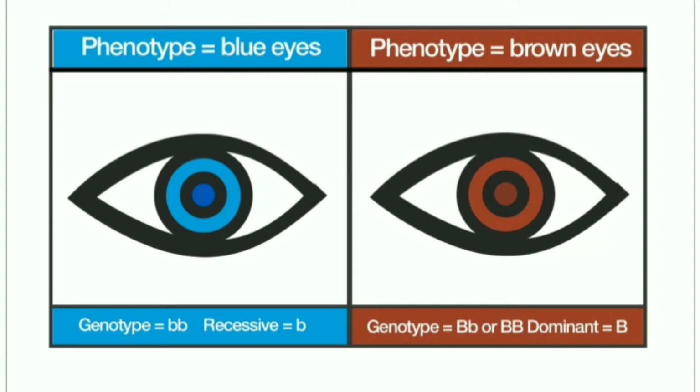So let's take an example and make it more clear to you. Phenotype is whether an eye color is blue or brown. In terms of eye color, we can say that there are two phenotypes in a population, a blue-eyed phenotype as well as a brown-eyed phenotype.